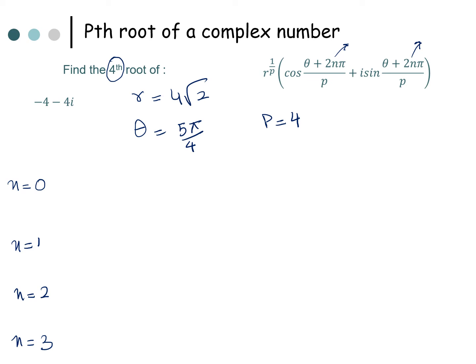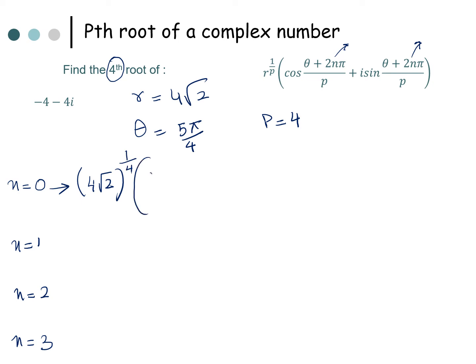Let's write one by one very nicely and precisely in the equation and find the answer. So r is 4 square root 2, whole to the power 1 over p, which is 4.